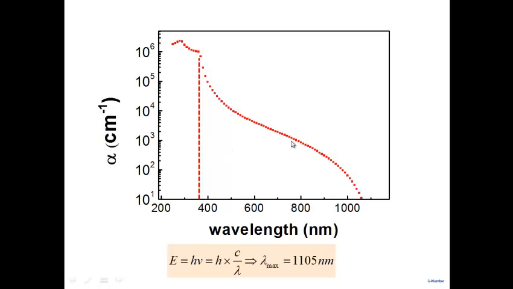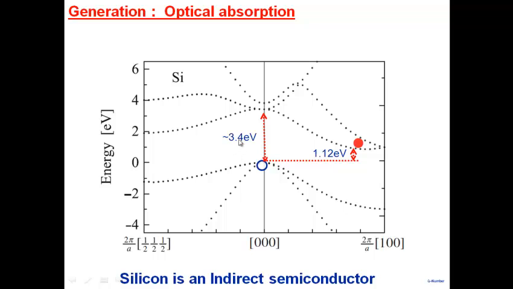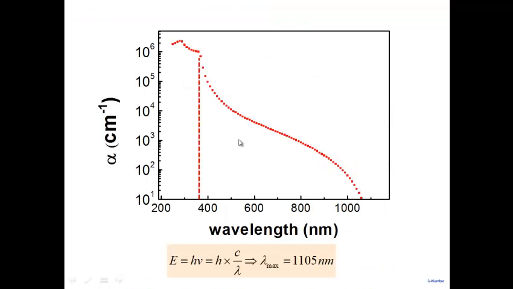Low in the sense that a moderate to high value is somewhere around 10 to the power 4 or higher. This line that you've seen here is the point which corresponds to 3.4 eV, where I have a direct transition. You can see very high absorption coefficient there.